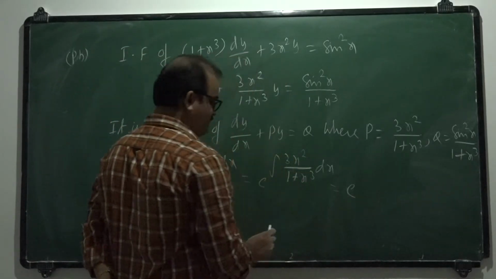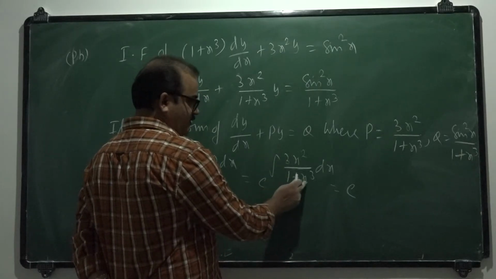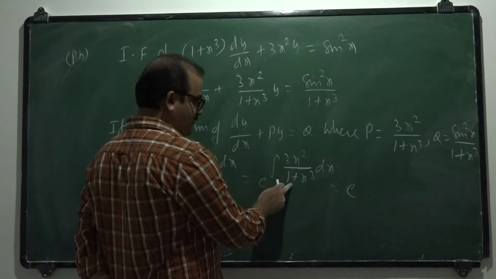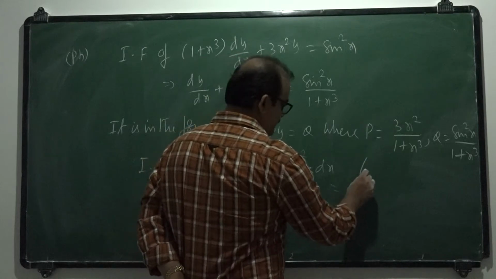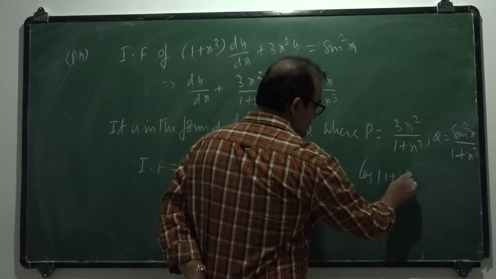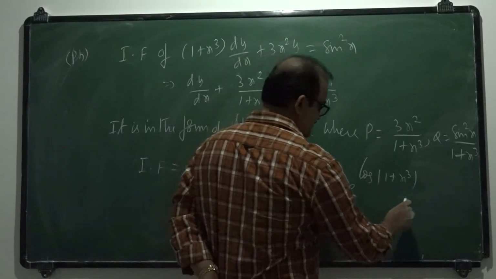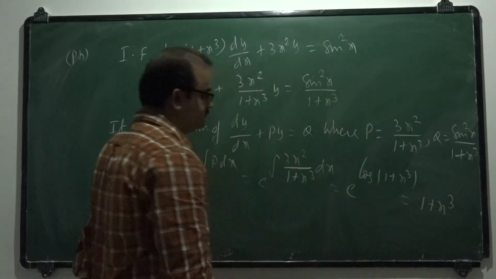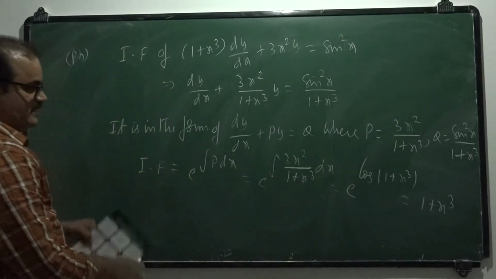See here, 3x square is the derivative of 1 plus x cube. If the numerator is the derivative of the denominator, its integration is log mod denominator, log of 1 plus x cube. e power log of (1 plus x cube) is 1 plus x cube. So the integrating factor is 1 plus x cube.